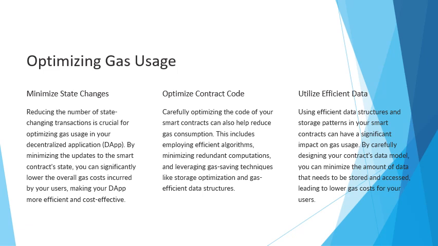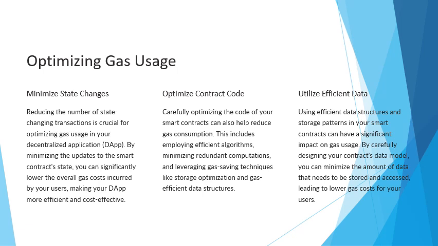Optimizing gas usage for creating a DApp is a very important part. First, we can minimize the state changes to optimize gas usage. Reducing the number of state-changing transactions is crucial. By minimizing these updates to the smart contract state, you can significantly lower the overall gas costs incurred by your users, making your DApp more efficient and cost-effective. Then we can optimize the contract code.